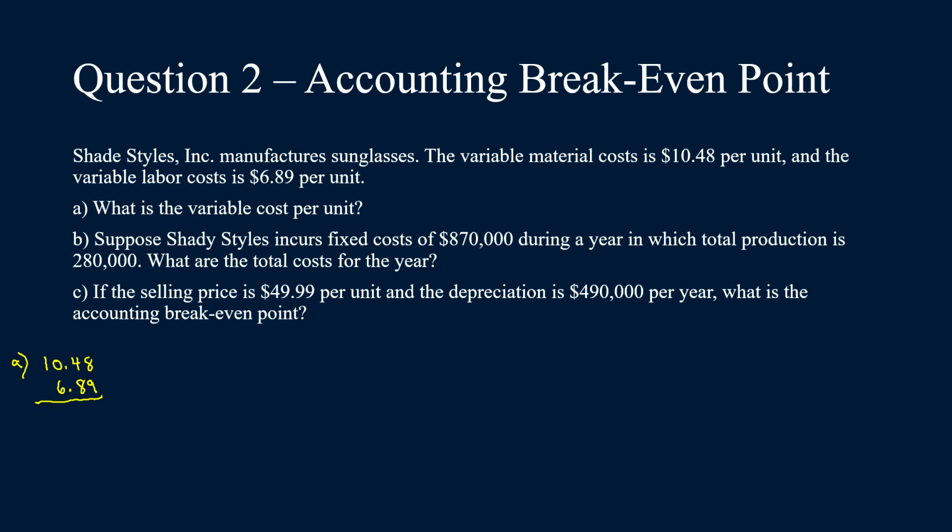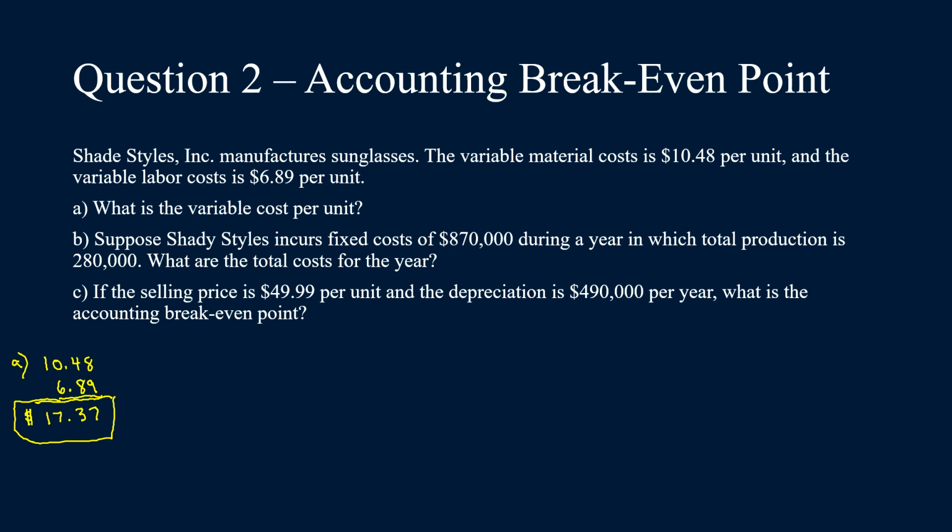And if we add those together, we're going to get a total variable cost per unit of $17.37. So we're making sunglasses. This is our variable cost per unit. And let me go ahead and circle that. That's our first answer.